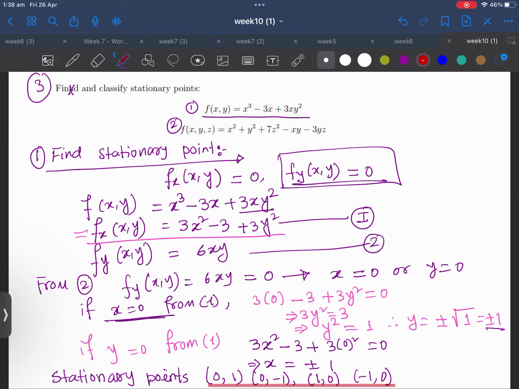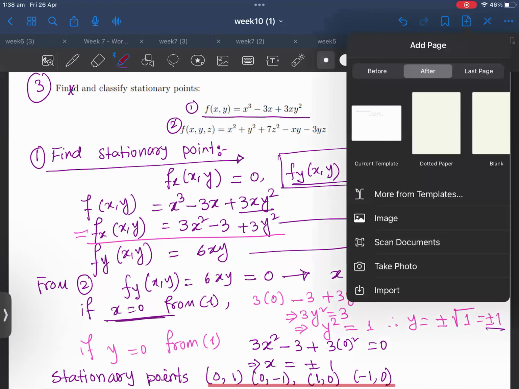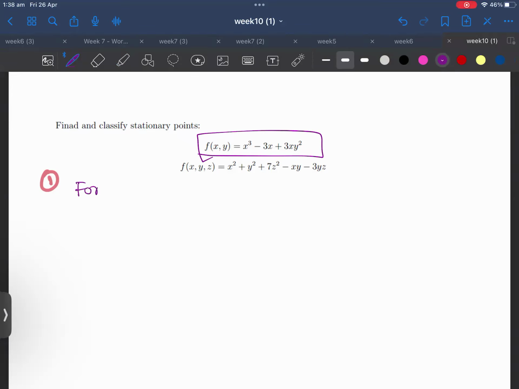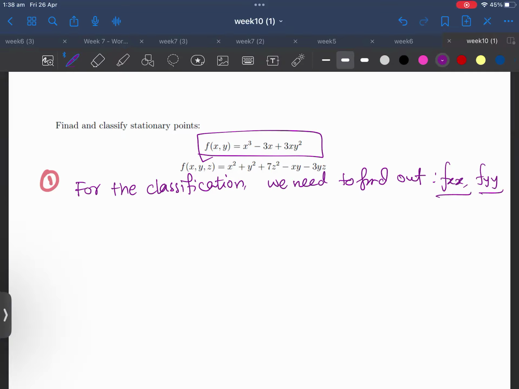Okay. Now we need to classify. For the classification, we need to do the second derivative. We need to find out at first f of x x and f of y y. Let's do it then.